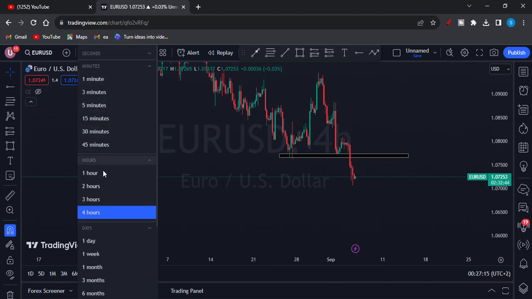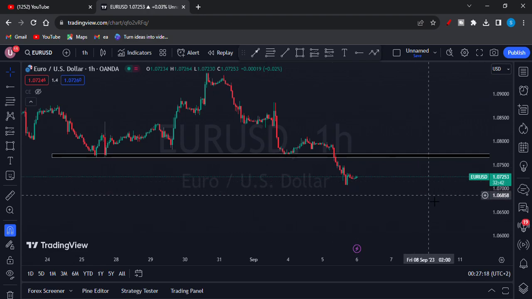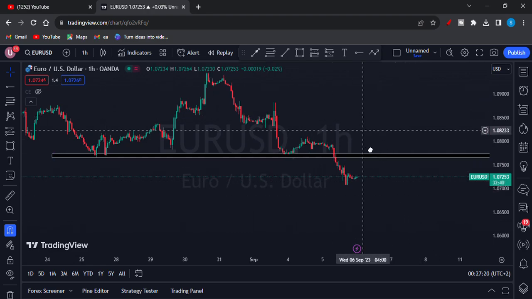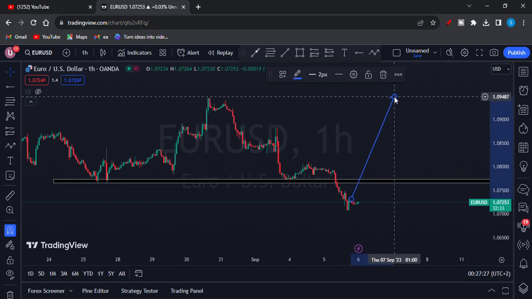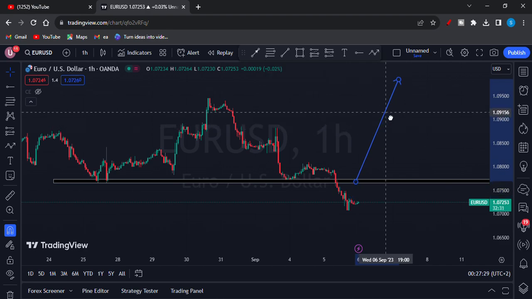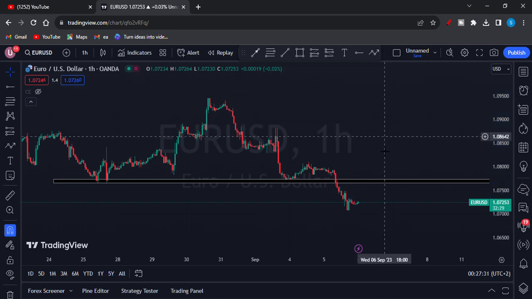Let's go to hourly. So actually what I was looking for yesterday, the market was around here. I was looking for the market to push all the way upside, but that didn't happen.